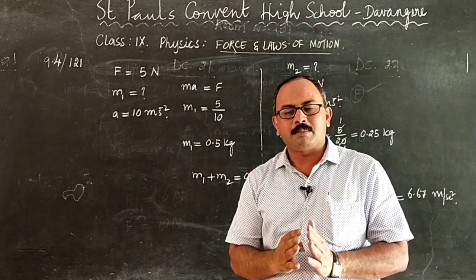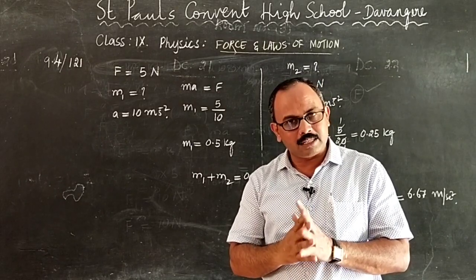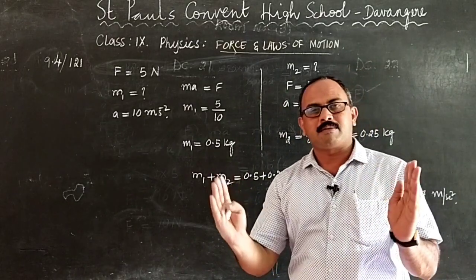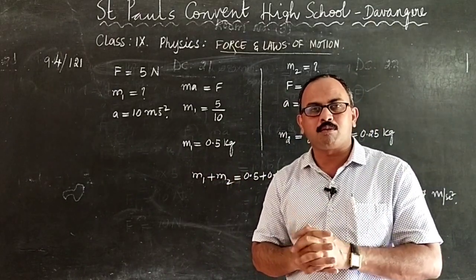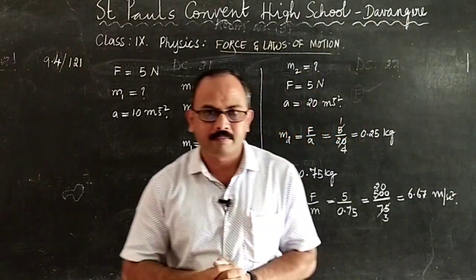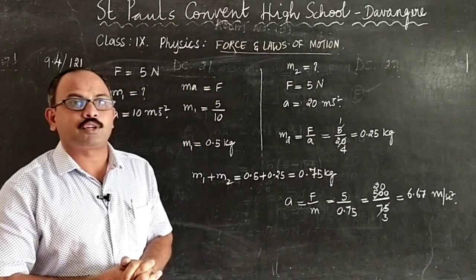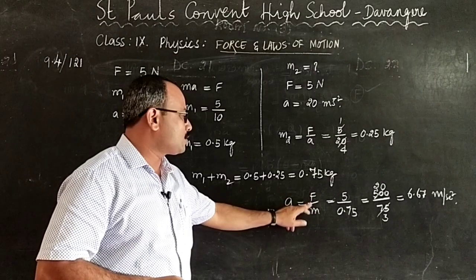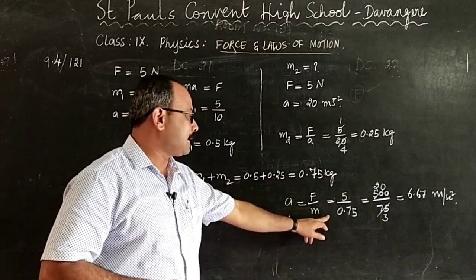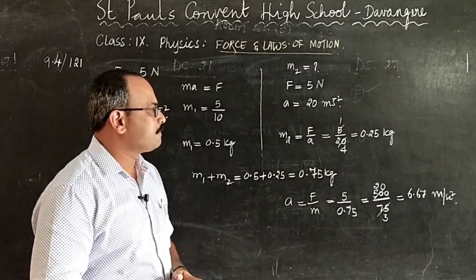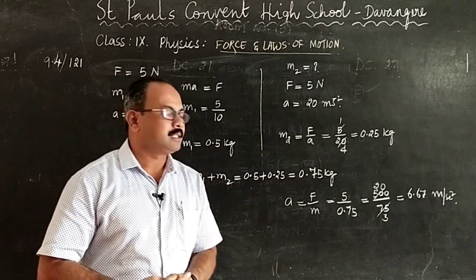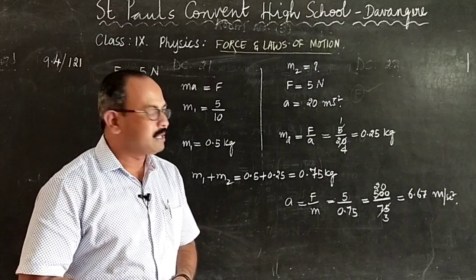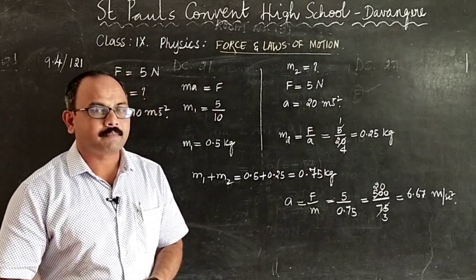First we calculated the mass of the first object and the mass of the second object. We combined them, and the total mass becomes 0.75 kg. What would be the acceleration produced? Acceleration is equal to force by mass. Force is the same, mass is 0.75. Simplification gives 6.67 meter per second square.